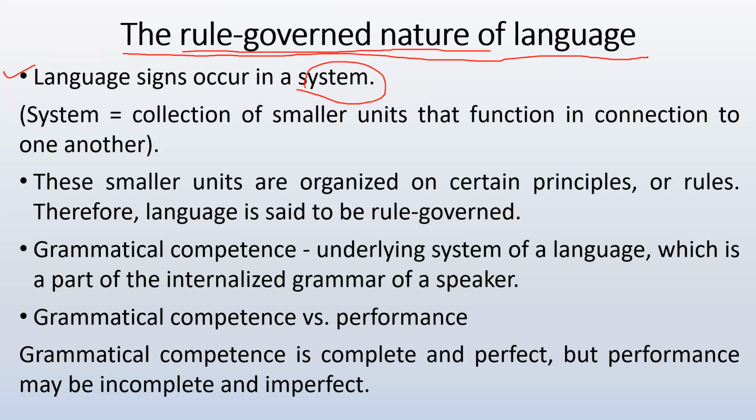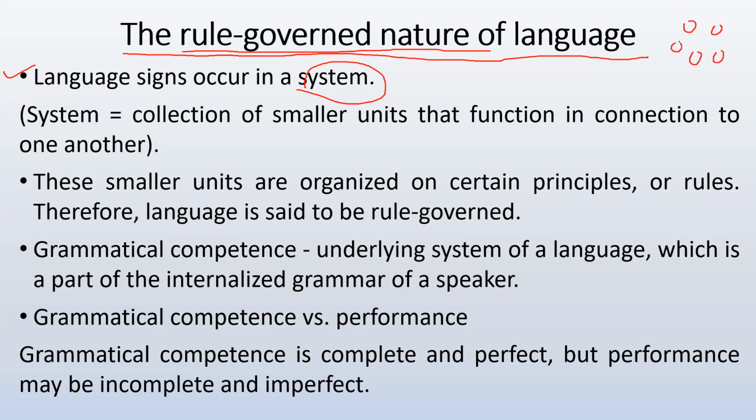Right, so that idea is here given within brackets. System means what then? A collection of smaller units that function in connection to one another, right? So a system is a kind of collection of several units.